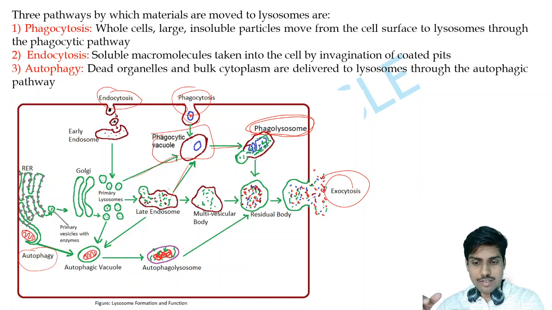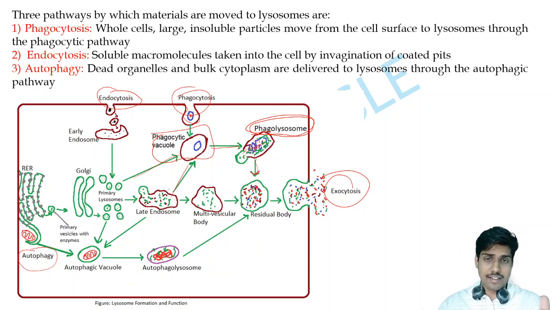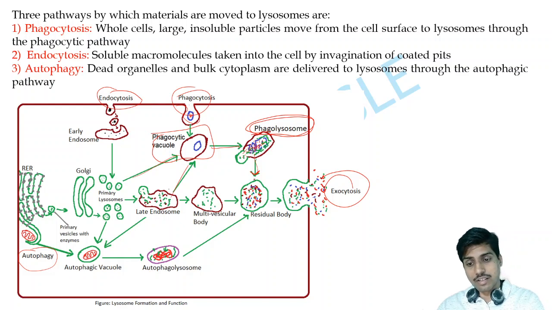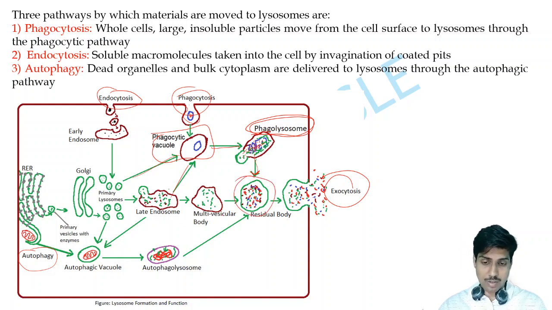The entire action on these foreign or antigenic bodies and microbes happens in this phagolysosome. They are degraded, and finally it forms residual bodies, the completely digested, final waste material, which is called a residual body.